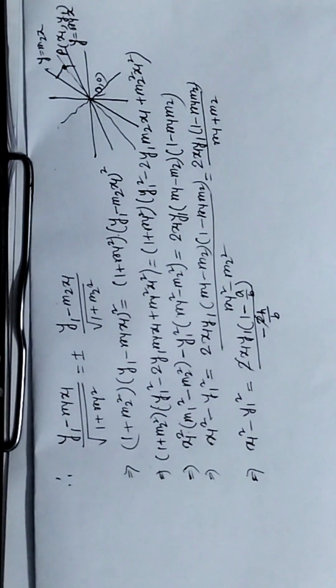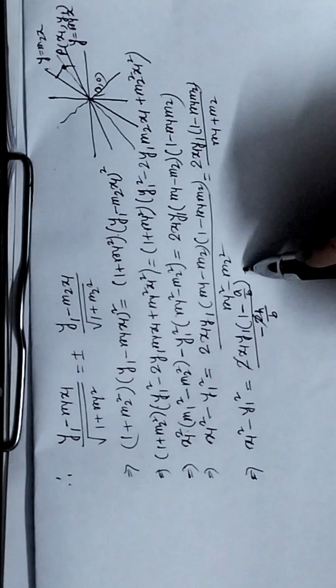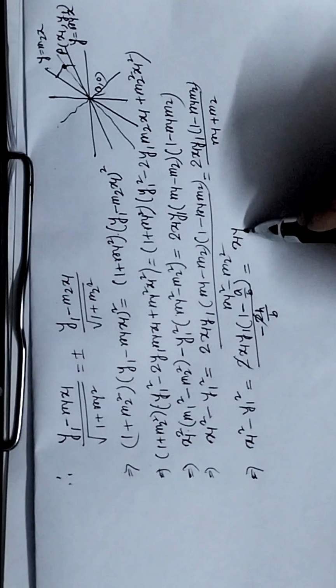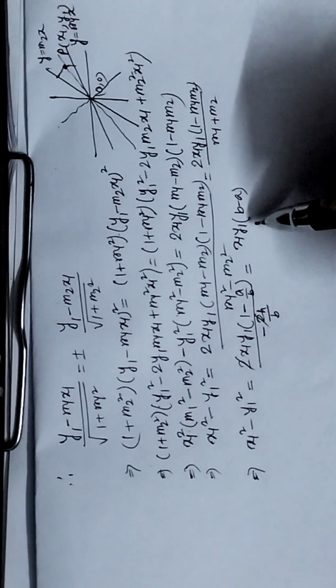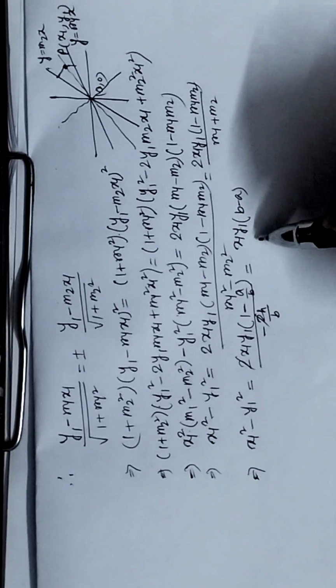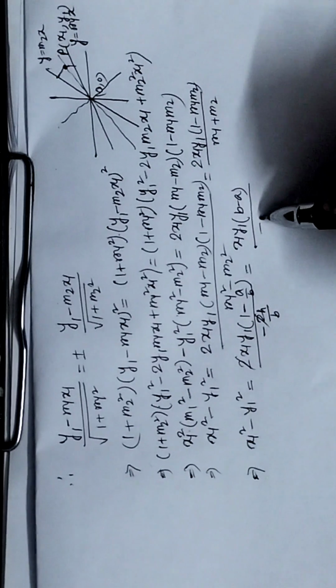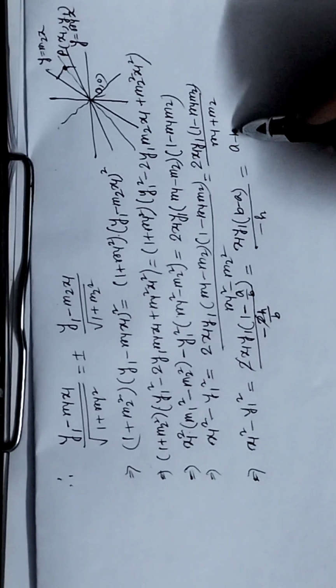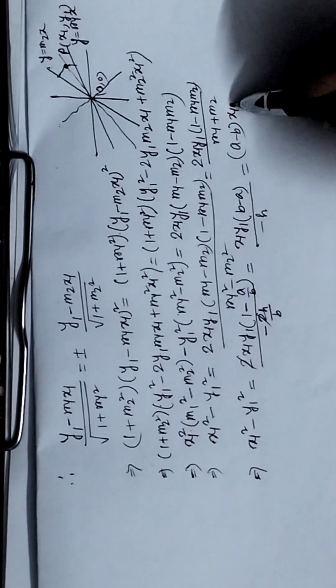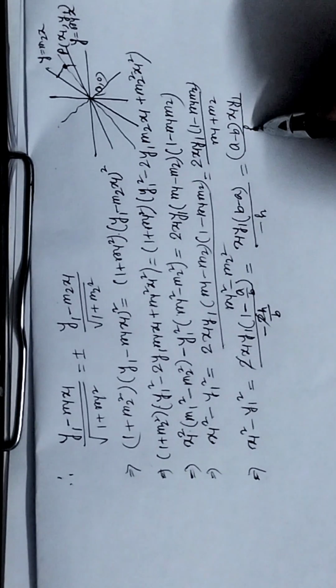These twos are cancelled, and hence we will get x1 y1 into b minus a, and in denominator portion we will get b, which will be cancelled, by minus h. So this can be also written as a minus b into x1 y1 by h.